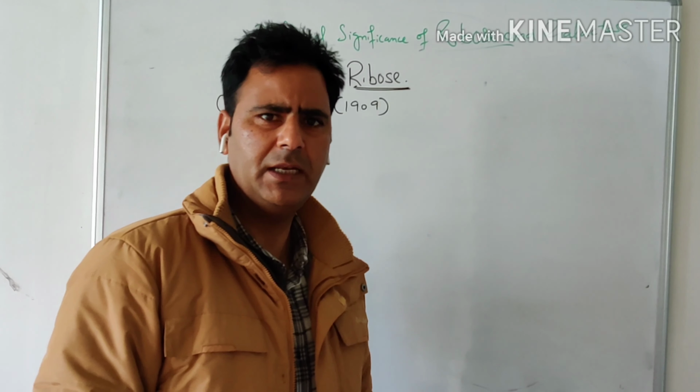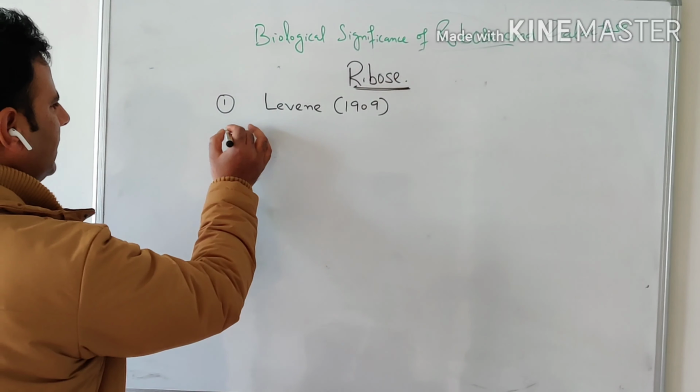This ribose is a pentose sugar. It is made up of 5 carbons. We already know it. Also, this ribose is stable in furanosic form. We have already discussed this.